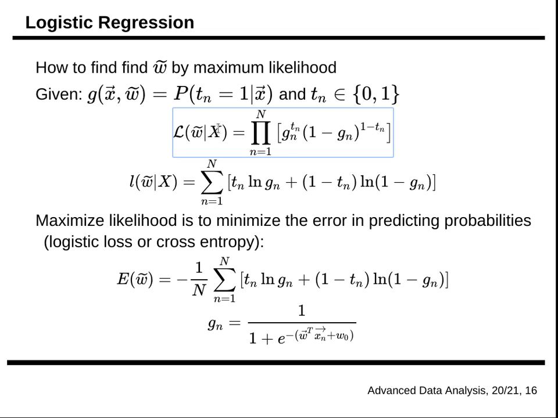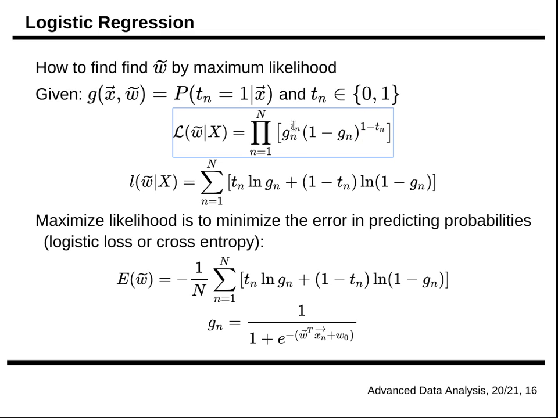And so the probability of our data set is the product of the probabilities of all data points. And we can compute them this way if our classes are 0 or 1: the probability of belonging to class 1 raised to the class, times the probability of not belonging to class 1, that is belonging to class 0, raised to 1 minus the class.